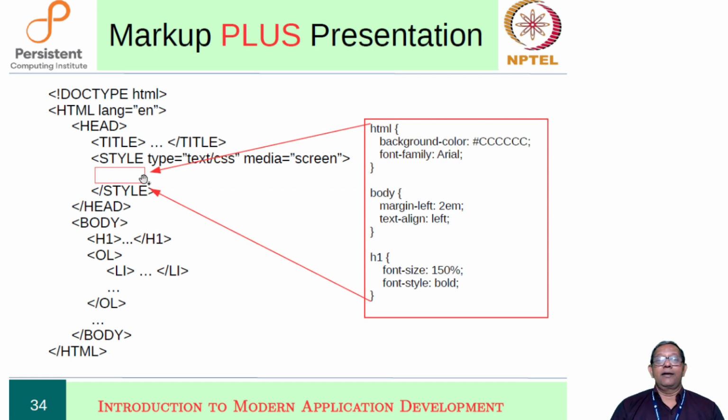You just type it in there. This is called inlining the styles. The style specification, how to present the information, is made a part of the HTML page itself. This is called inlining.